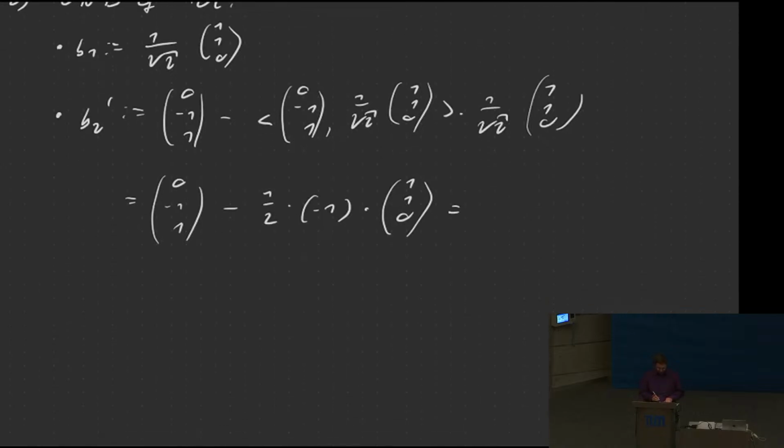All right, so we get minus 1/2 times minus 1, that's plus 1/2 times that vector, so the result is 0 plus 1/2, that's 1/2. Minus 1 plus 1/2, that's minus 1/2. And 1 minus 0, that's just a 1.